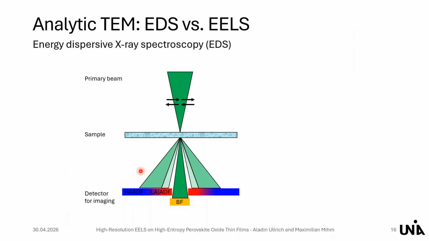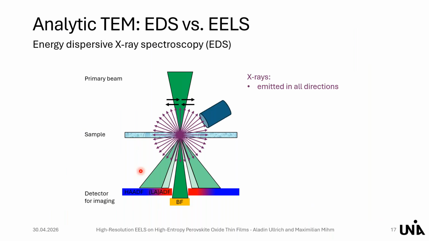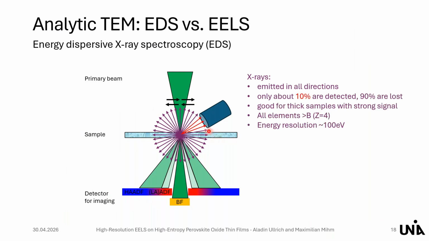So the beam, of course, also excites characteristic X-rays in the sample. And these X-rays can also be used for elemental analysis. However, they are emitted in all directions, and you can only collect a quite small number of them with an EDS detector.